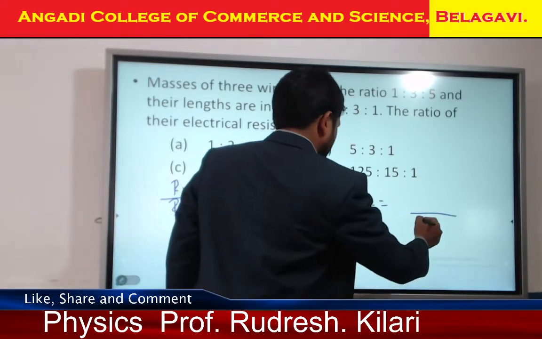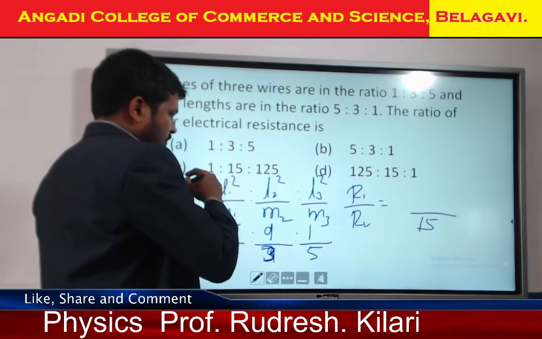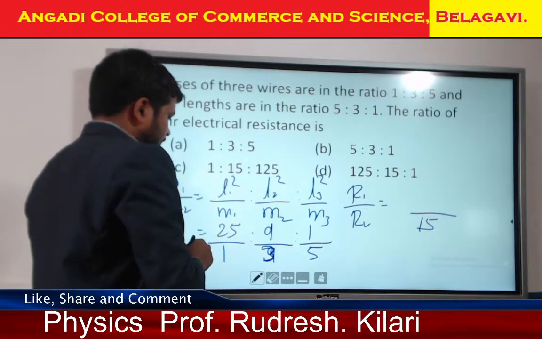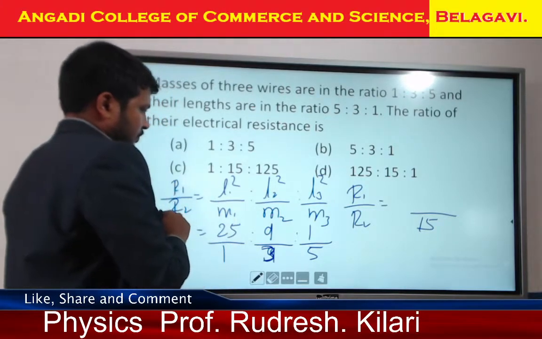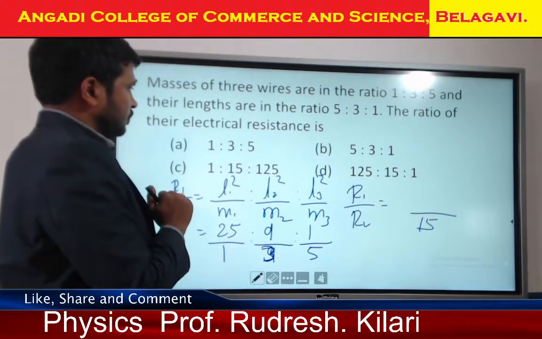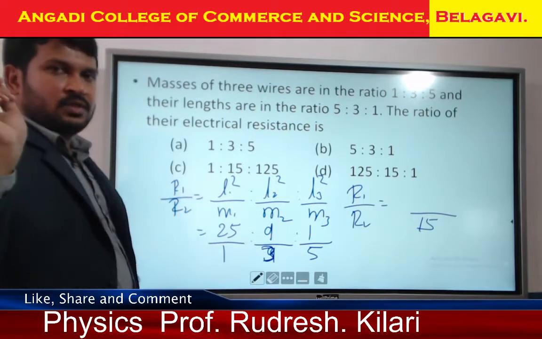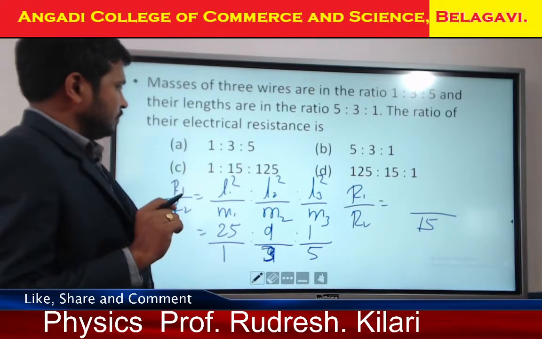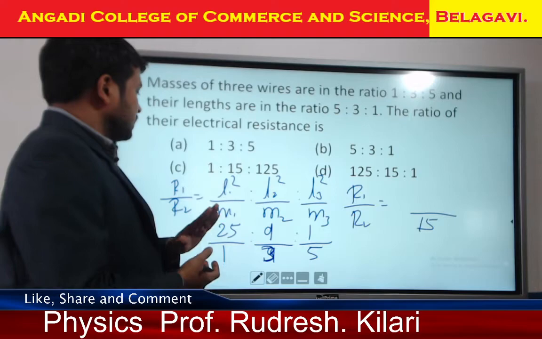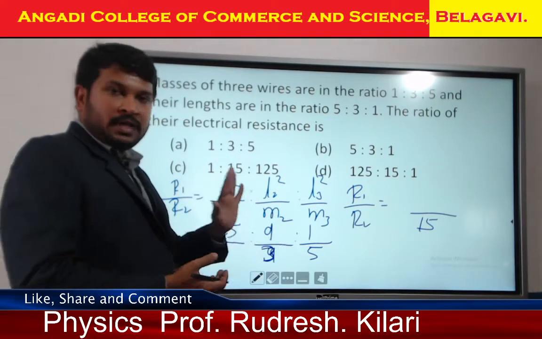This is 15. Multiply 25, 9 by 3, again 1 by 5, okay.